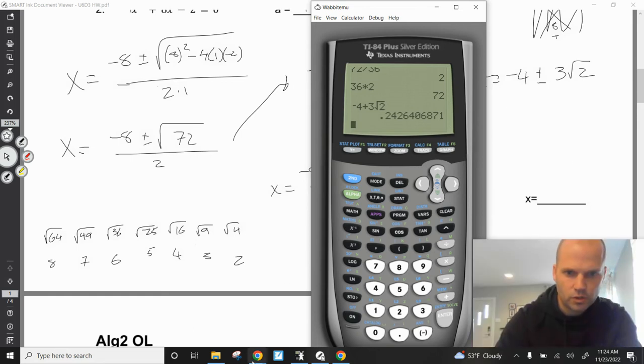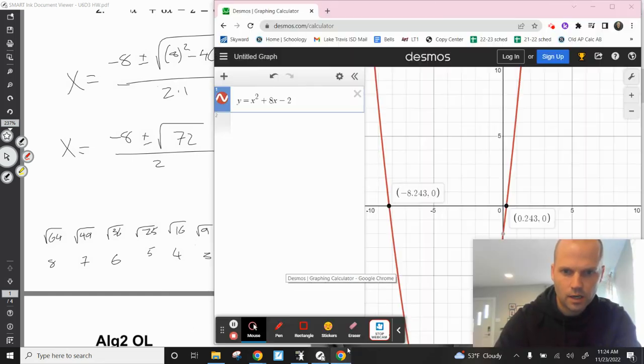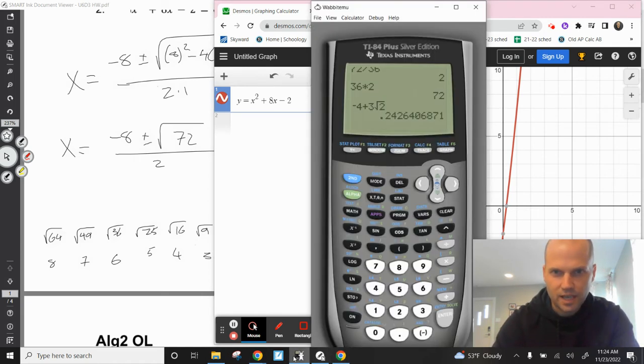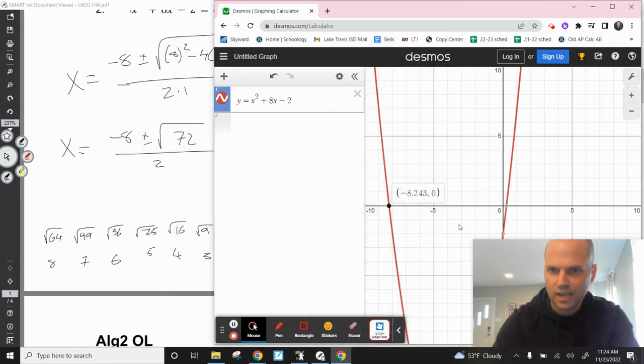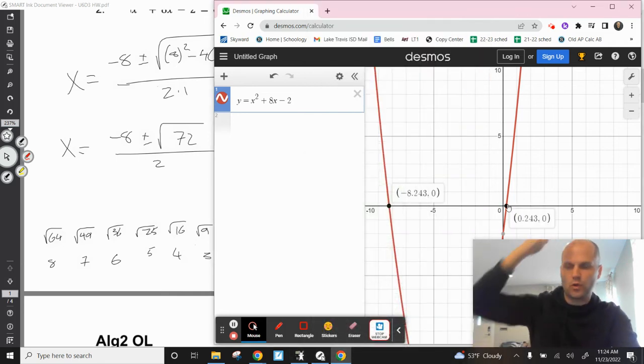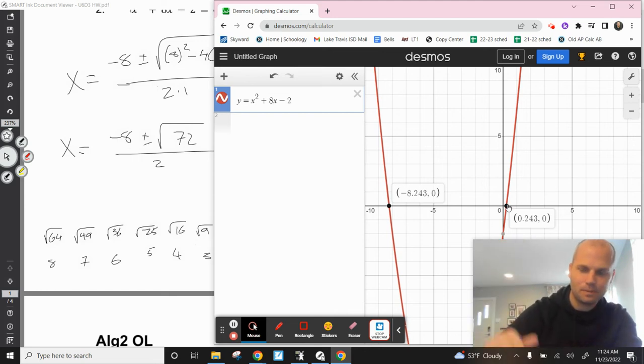Okay, 0.242. Now let's go and look. To be exact, it was 0.2426. So your Desmos simplifies it to 0.243. We found that exact number.